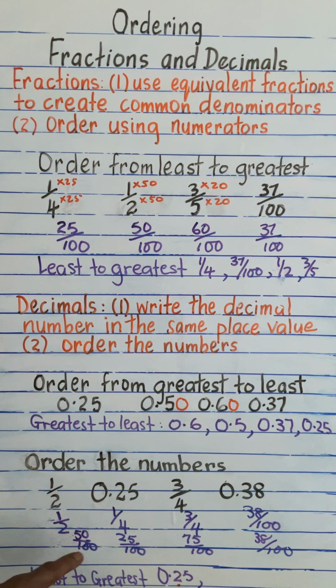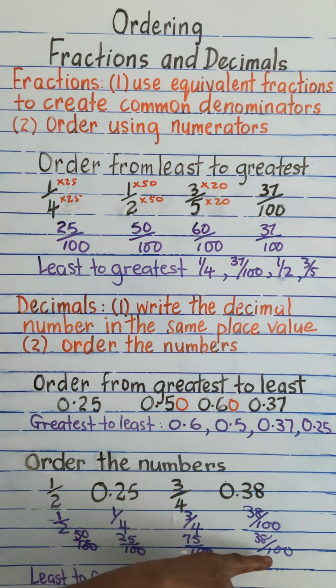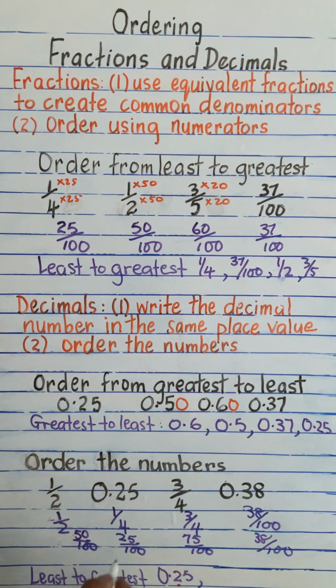Next, 38 over 100, which is 0.38. And then we have 50 over 100, which is a half, 1/2, and then we have 75 over 100, which is 3/4.